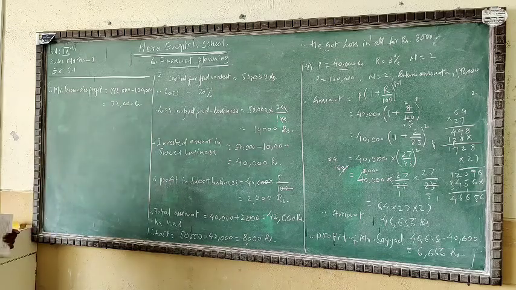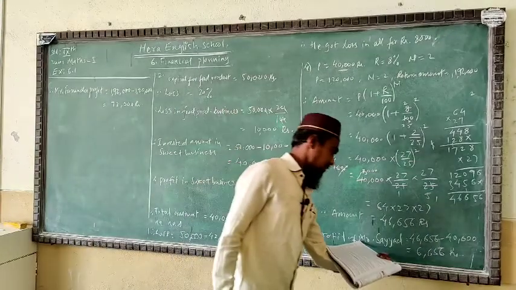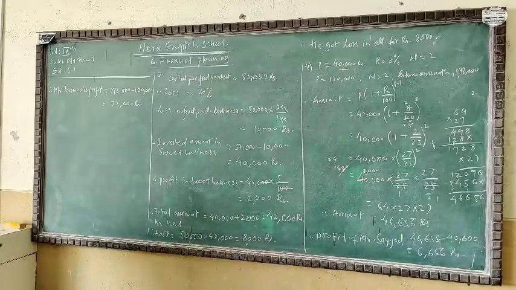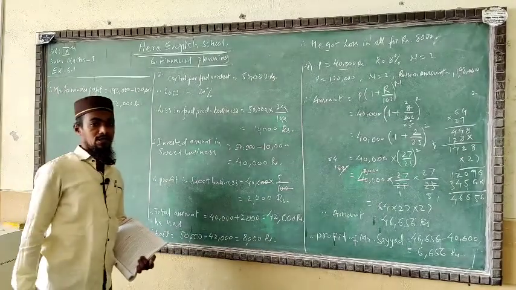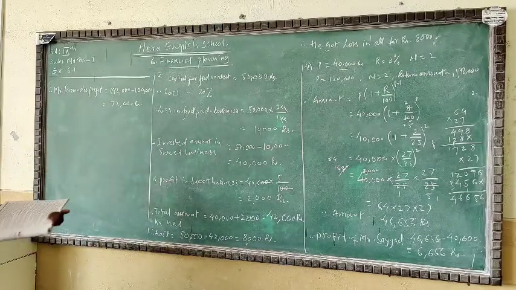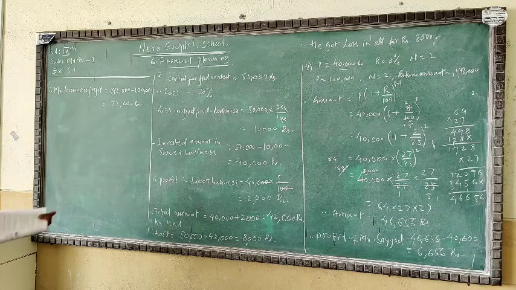This is the profit made by Fernandez, and here we have the profit of Mr. Sayyed, 6,656. So which is the less amount? Mr. Sayyed's amount is less, and Mr. Fernandez's amount is more. So according to the question, whose investment turned out to be more profitable?